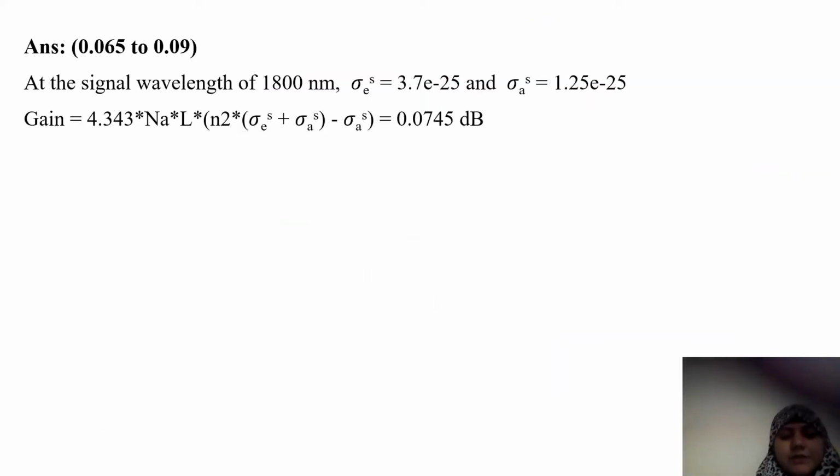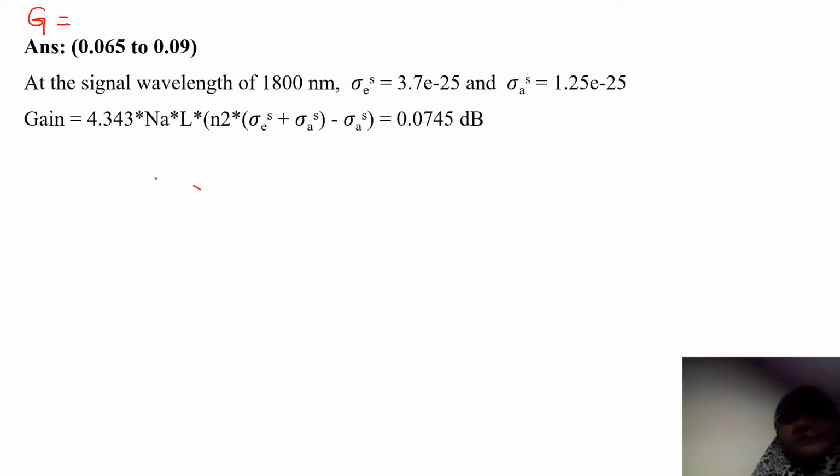Okay, so we have all the relevant information which is required to calculate the small signal gain in terms of dBs. So this gain is equal to, what is it equal to?